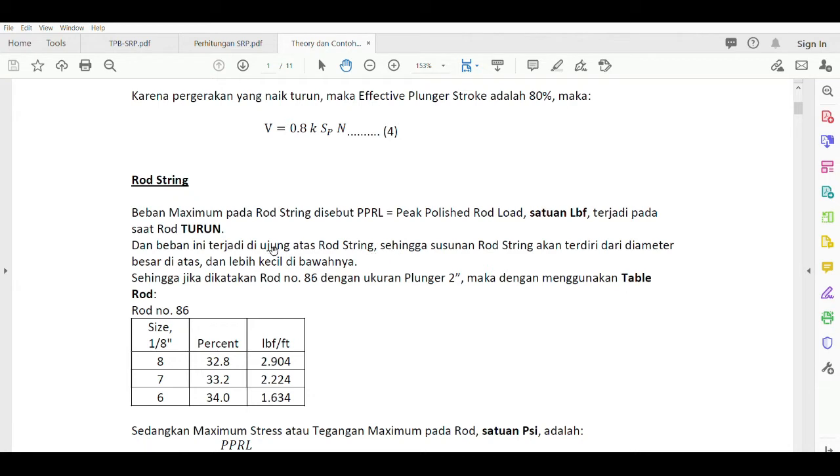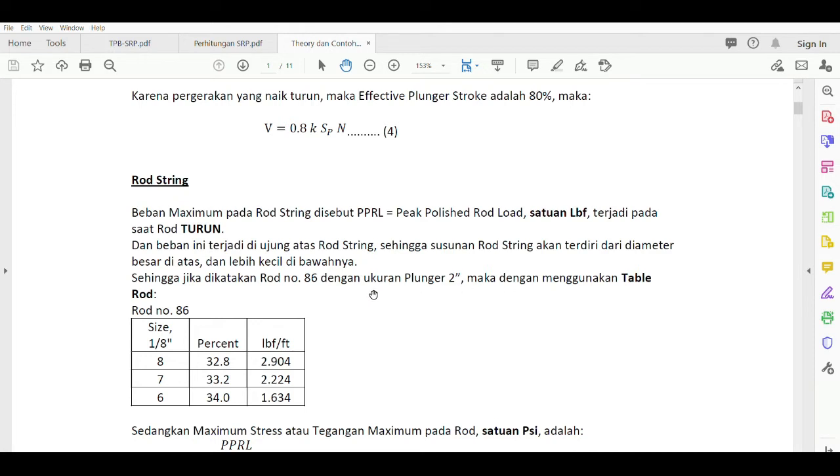And the composition of the rod, the largest one is at the top and the small one at the bottom. So if they say the rod number 86, it means the topmost one is 8 over 8, 1/8 of an inch.